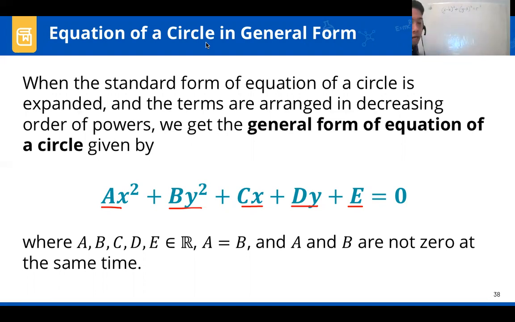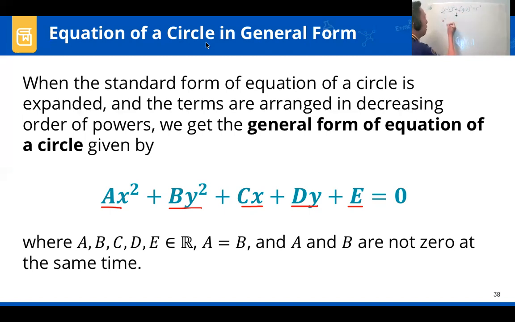Paano siya magiging general form? Okay? I will just expand this, expand, and then expand. Paano expand? Gagamitin ko ang FOIL method. Okay? If I will use FOIL method, this will be the form.